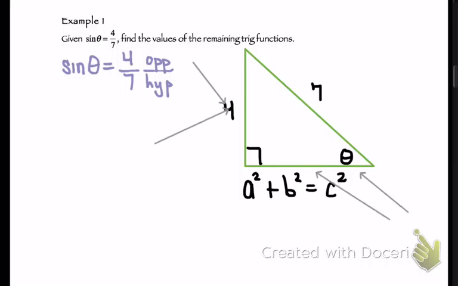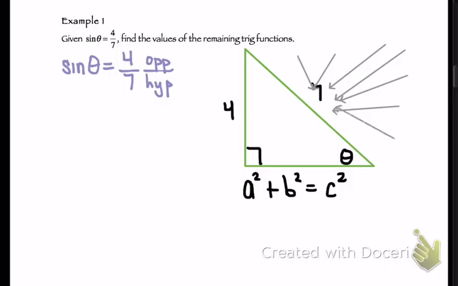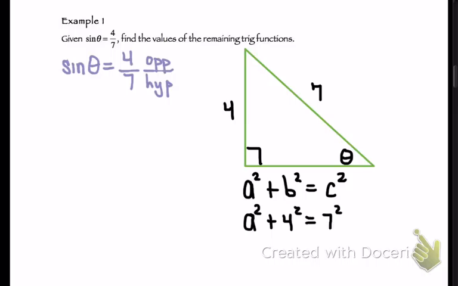This could be B. It does not matter how you label them as long as you understand the hypotenuse always needs to be C. So I'm going to put A squared. I don't know what A is. I decided to use 4 for B, plus 4 squared, and I know that's equal to 7 squared. Now all I have to do is solve for A. So I take the square root of both sides, and I get A as the square root of 33.